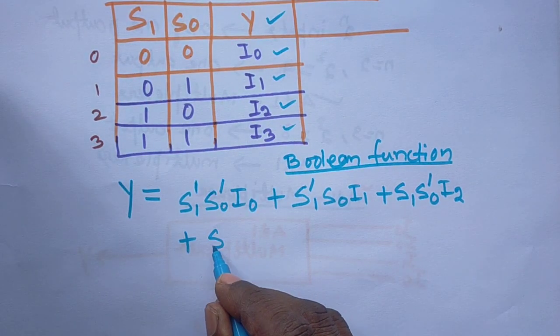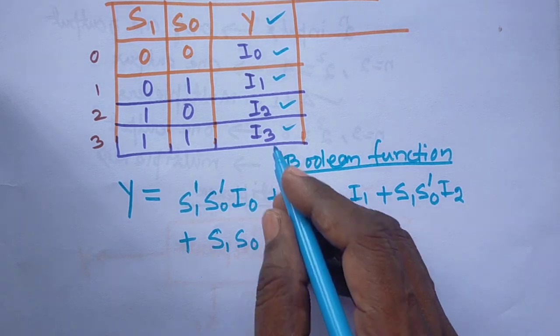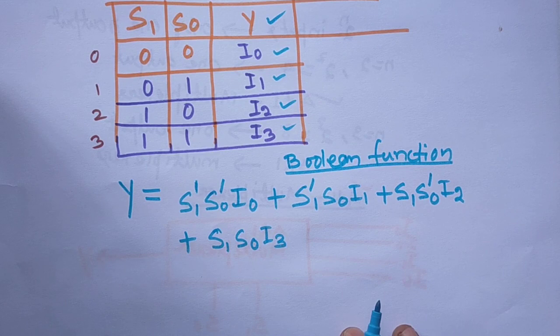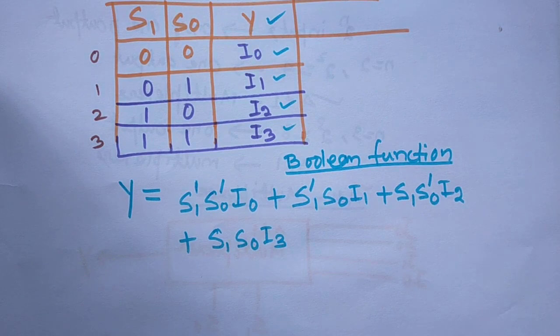So S1 is 1, S0 is also 1. Here is I3. In this way we can see how the Boolean function can be created from this particular function table. The function table is given as per this block diagram of the multiplexer.